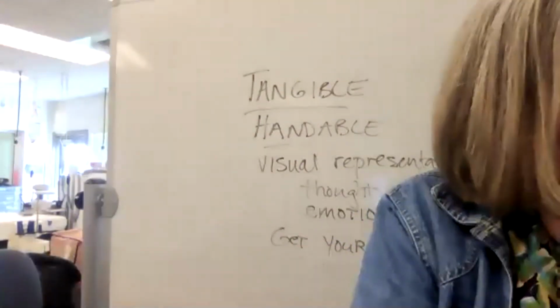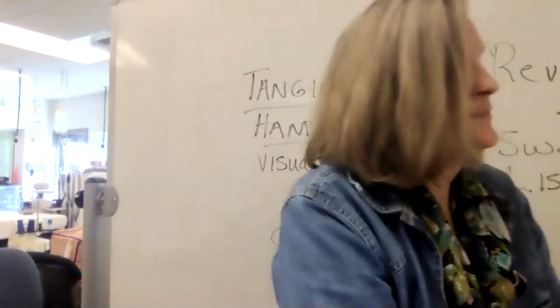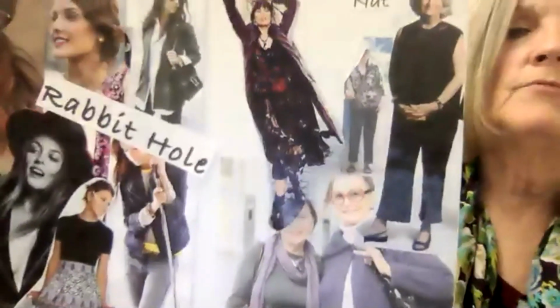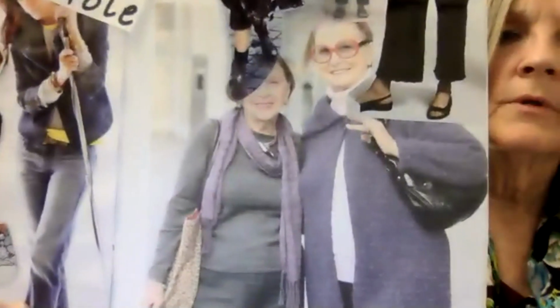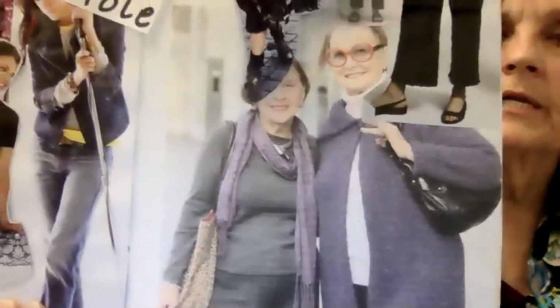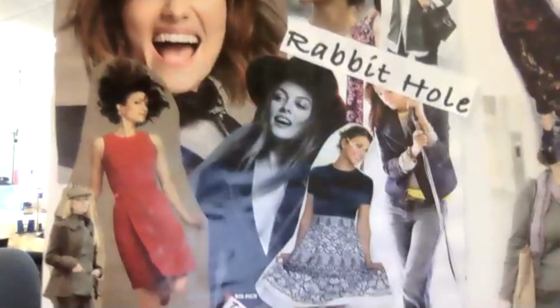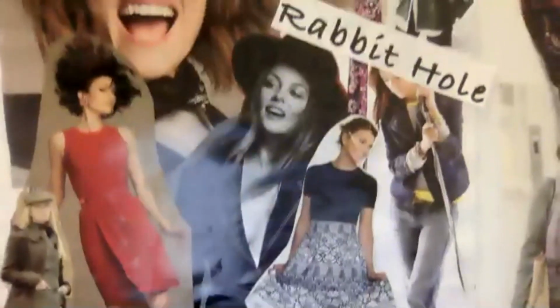I think I have one more from that show, here we go. So in this case, let's just look at these. Let's look at these two things and see what you think about it. If you don't know the play Rabbit Hole, it doesn't matter. But we have this person, Nat, who's clearly older and maybe not exactly super stylish. And then we have this person who's a little bit wild and more fun.